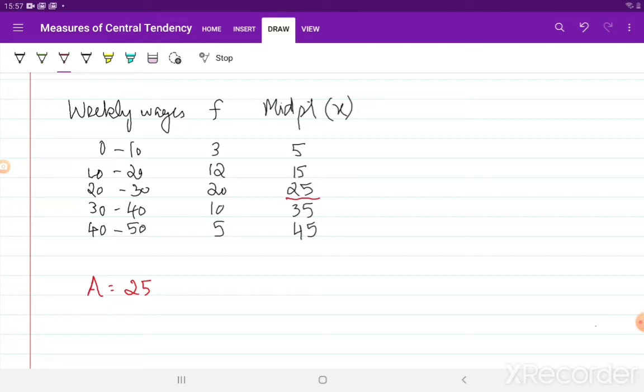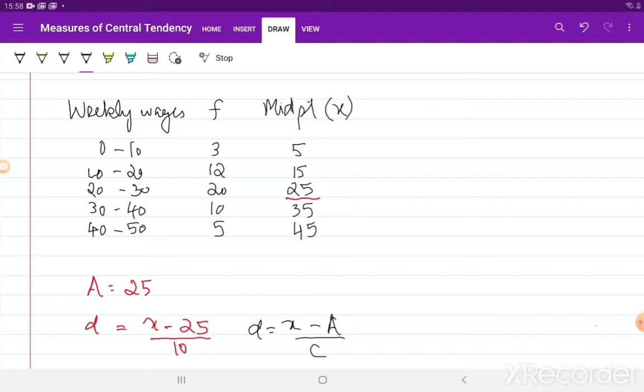Now if you have class interval data, your D or deviation from assumed mean should be the value x minus the assumed mean divided by the class interval or the class size.